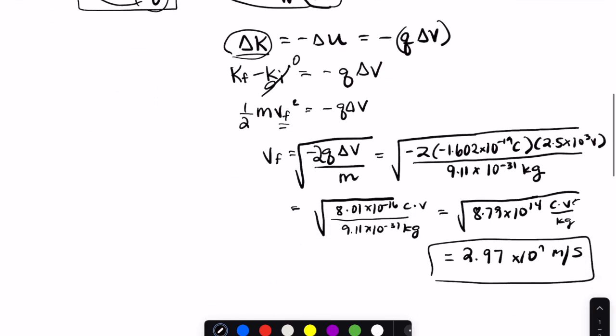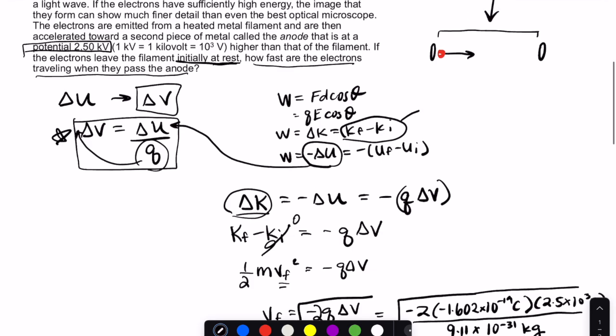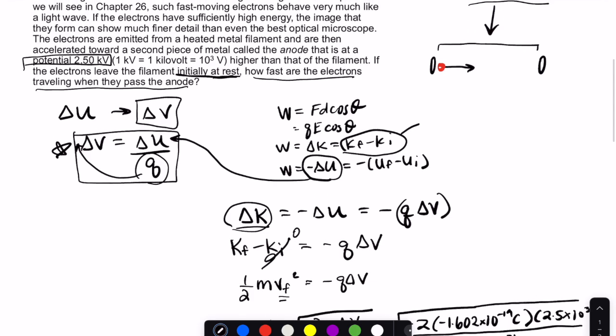So it really wasn't too bad, and it's extremely similar to the very first example that we did, except now we're expressing the energy in terms of a potential. And we're just talking about an arbitrary electron in a beam of electrons. That is the power of speaking about potential: you can speak more generally about situations instead of always having to say that you're tracking a single electron in this beam.